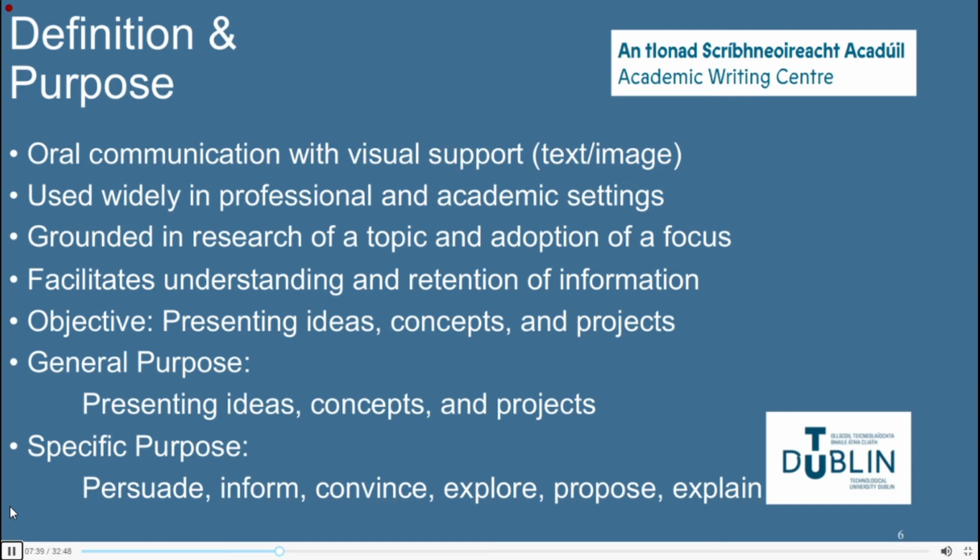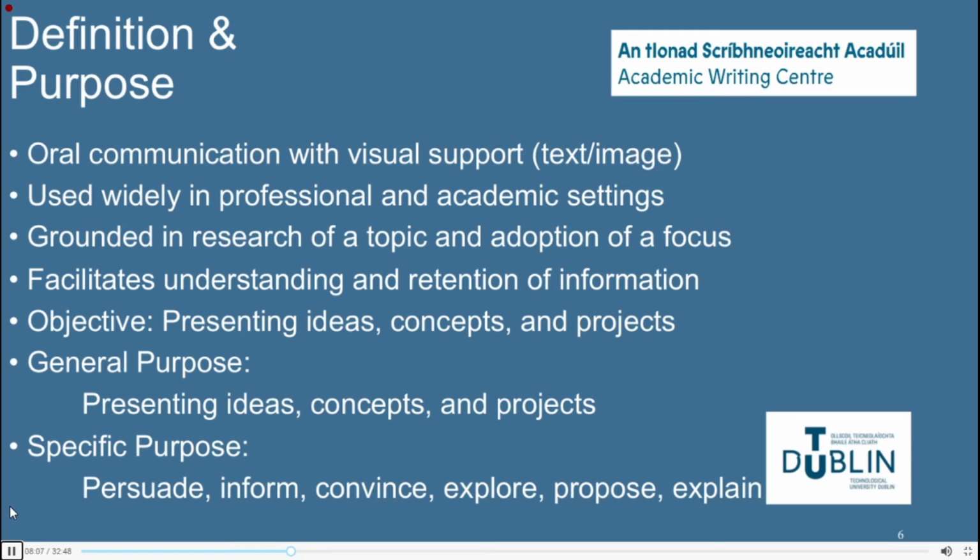The reason for this is that it is well understood that having the verbal oral communication supported by images or visuals aids retention, acquisition of new information, helps understand new topics and ideas, and to learn ultimately about something new.